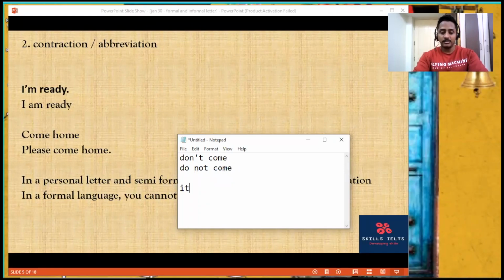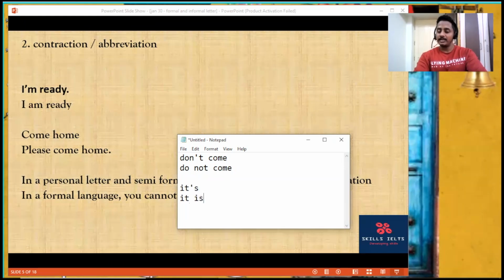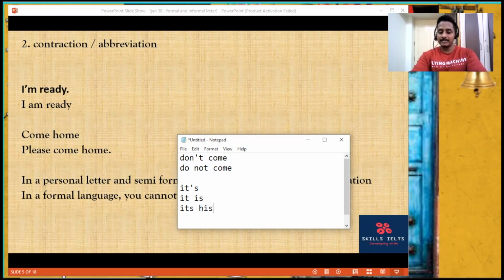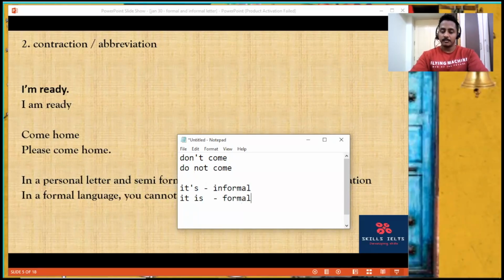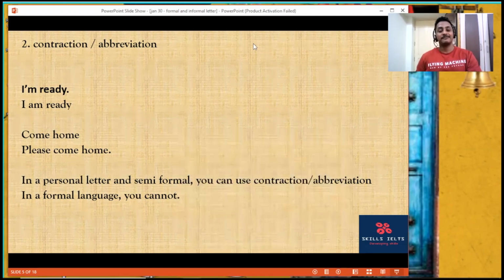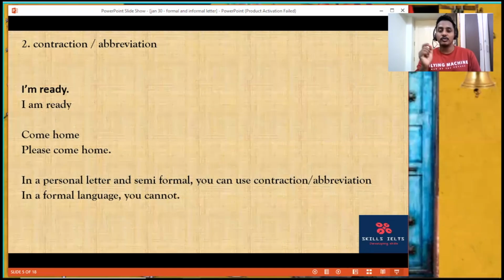Some people write IT apostrophe S. It's nothing but IT space IS. It's is different. Its is nothing but his, there. That is different. But IT apostrophe S is informal. This is formal: come home. You may please visit us. In a personal and semi-formal letter you can use contractions, but in a formal letter, strictly you cannot.